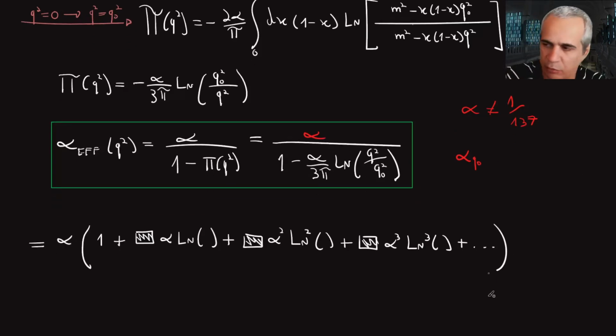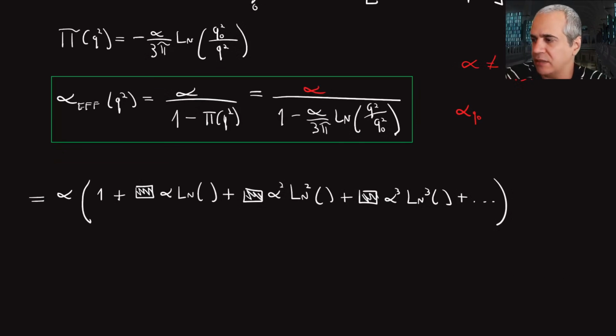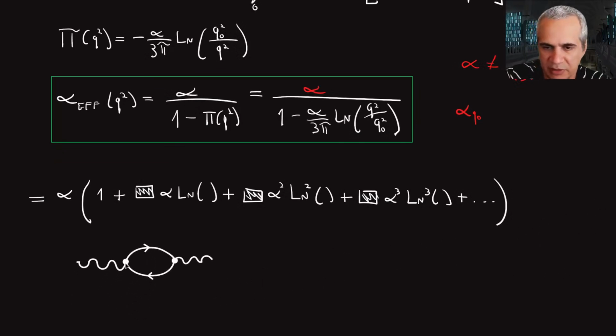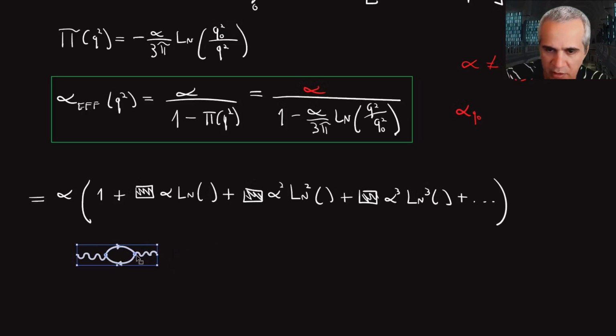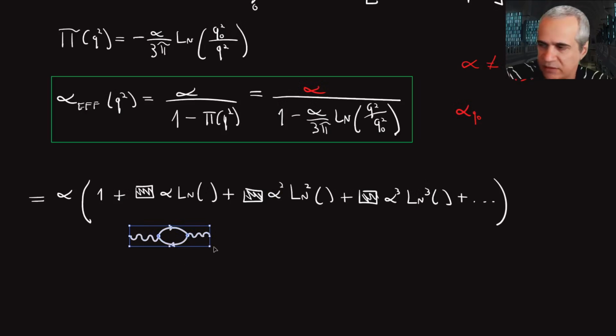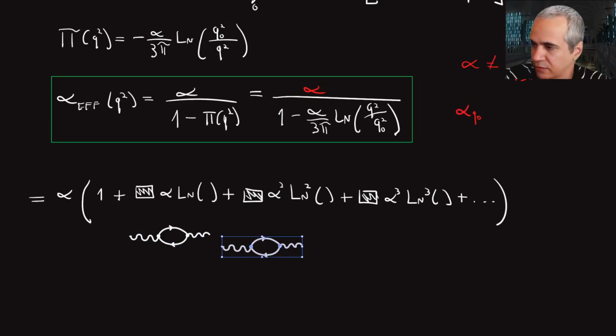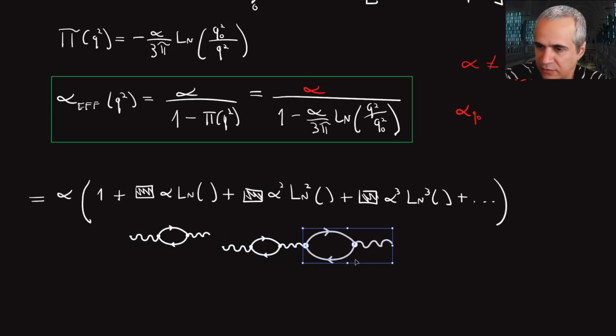So essentially what I'm putting here is a sum of terms that look like this. Let me make this a little bit smaller. So this is this term. This next one is something like this. And let me make this one also a little bit smaller.